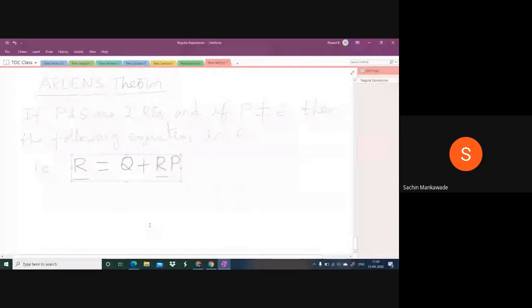R equal to Q plus RP has a unique solution. Actually, we know P and Q; these two are given.